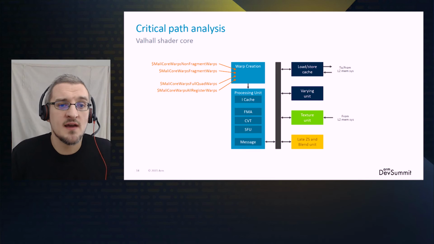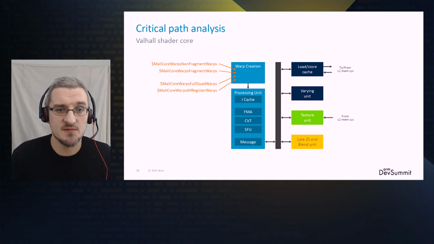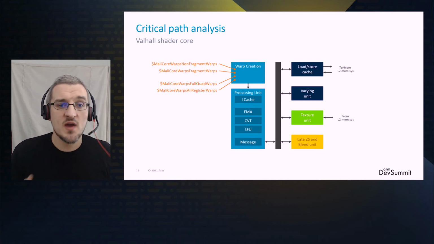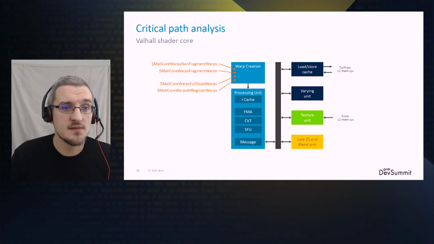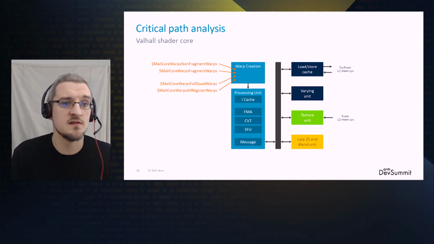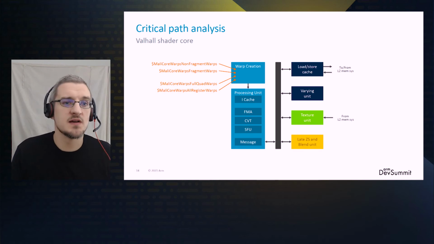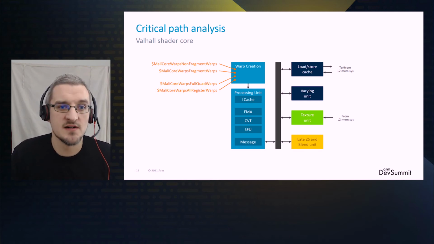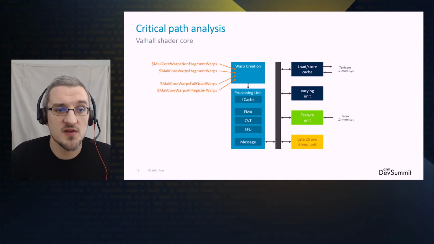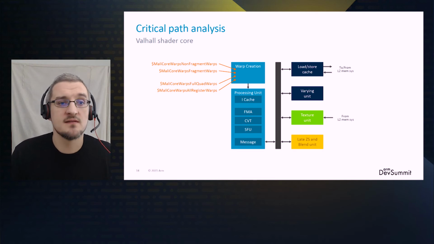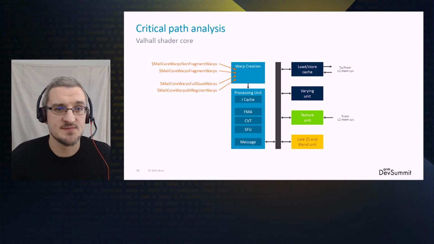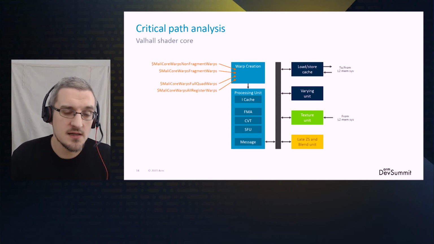The first set of counters that we look at are for warp creation. As we saw in the previous slide, we can count the number of warps being created for fragment and non-fragment workloads. We can also tell how many of those warps are full, so they contain a full complement of 4 work item patches, either 2x2 pixel quads or 4 vertex blocks. If you have non-full quads, that again could be an indicator that you can't rasterize fast enough or dispatch vertex shading fast enough to keep those full.